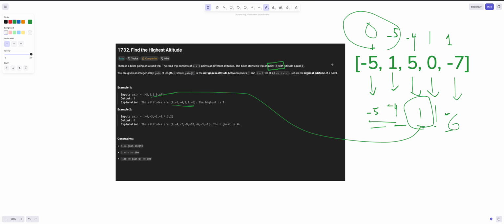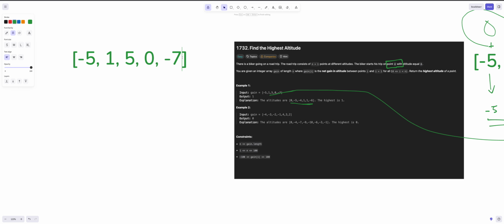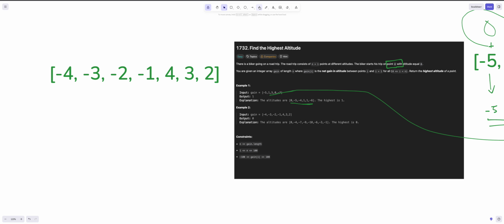How about the second one? Let's try to replicate in here. The gain values are negative 4, negative 3, negative 2, negative 1, 4, 3, and 2. Same as usual, we start from 0 in here.